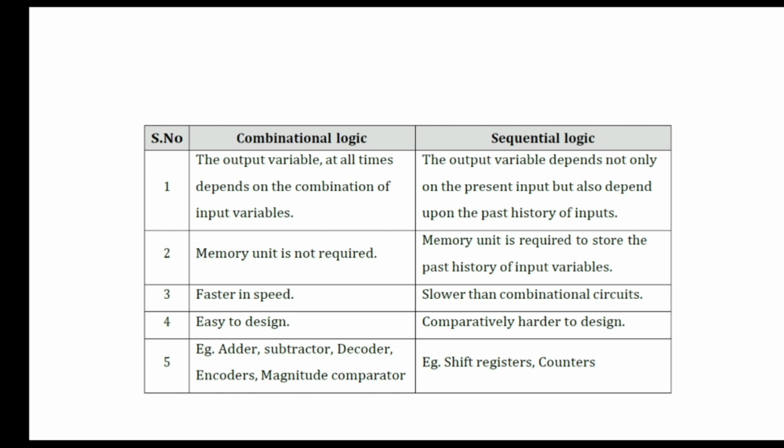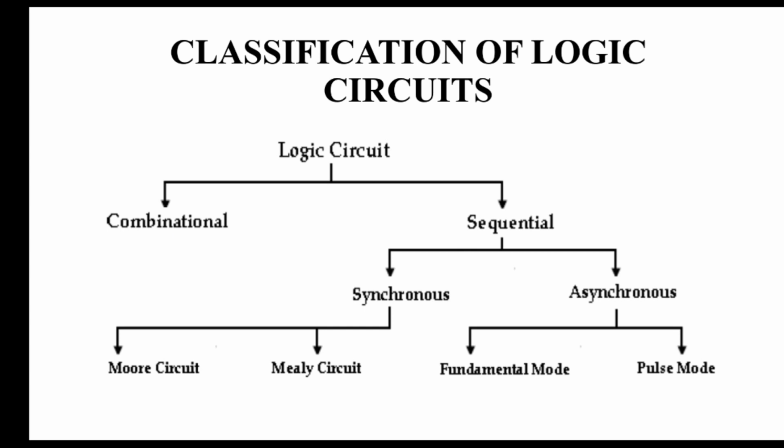Let us see the classification of logic circuits. Logic circuits are classified into two types: combinational logic circuits and sequential logic circuits. The sequential logic circuits are further classified into two types: synchronous sequential logic circuits and asynchronous sequential logic circuits.